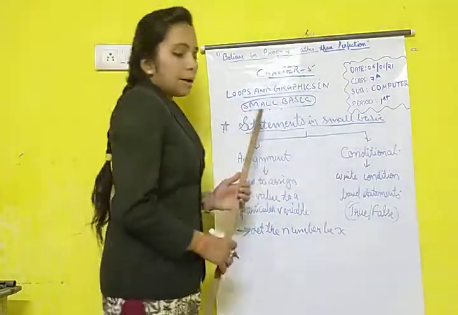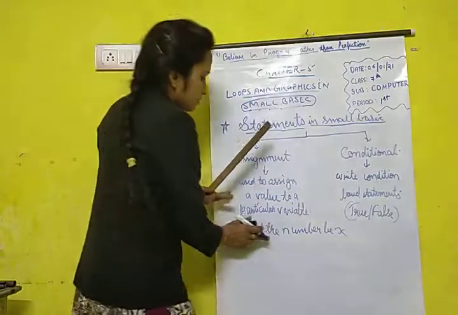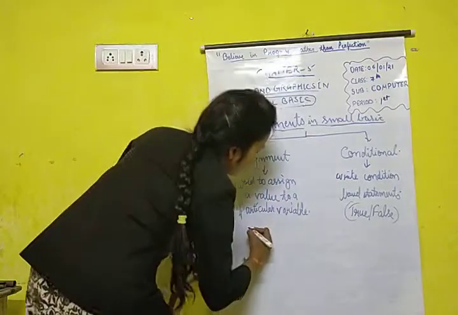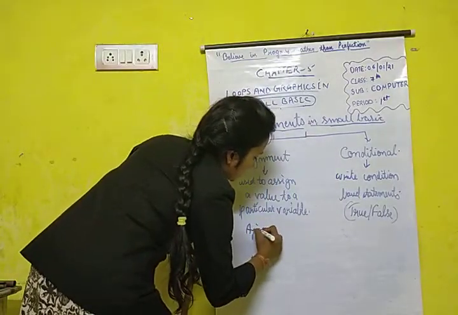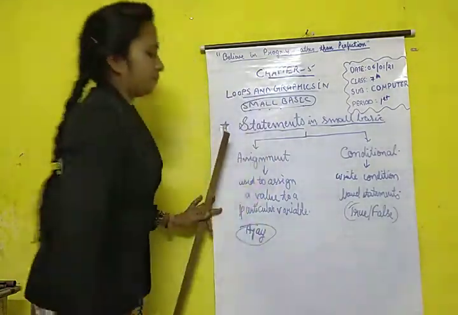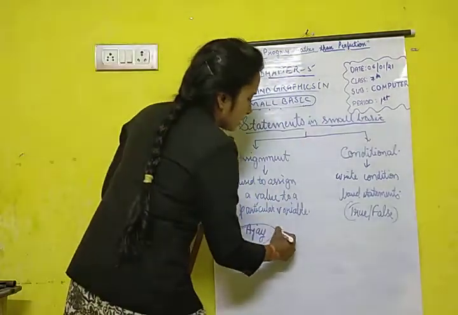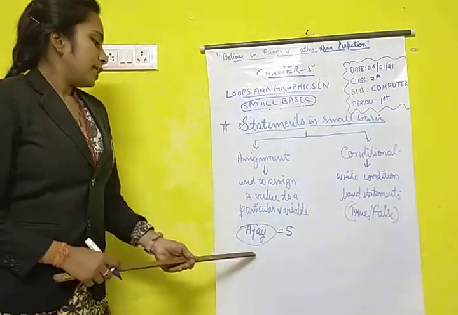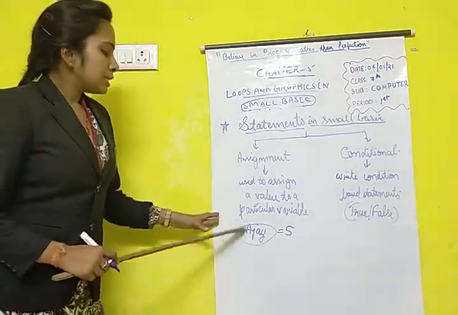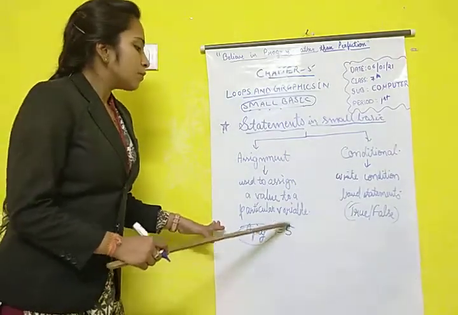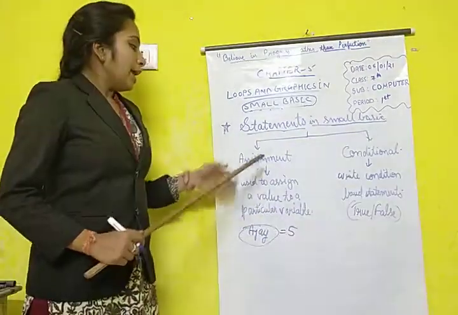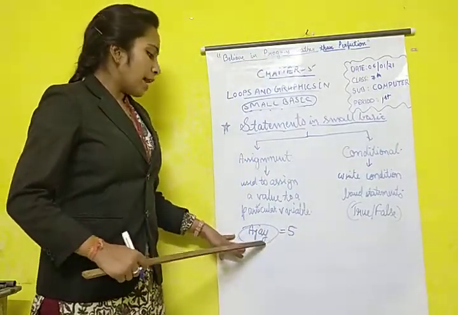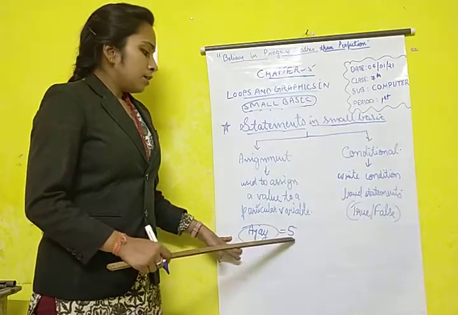See, for example, I need to write a particular name. Suppose Ajay. So I am simply saying Ajay is equal to 5. Means instead of Ajay, I can use 5. When I have used the assignment statement, means I have assigned a value to the variable.